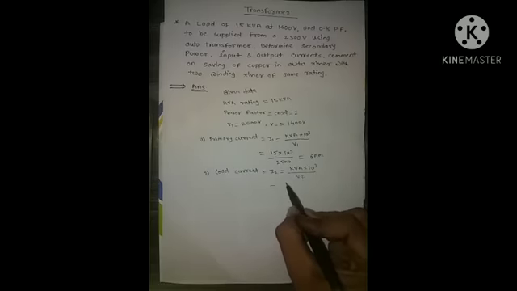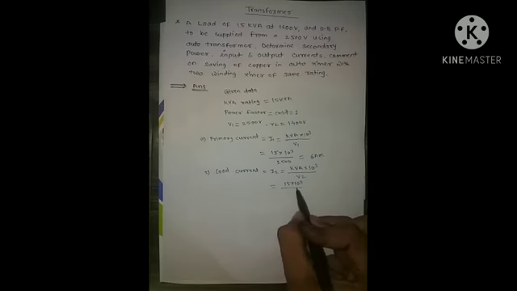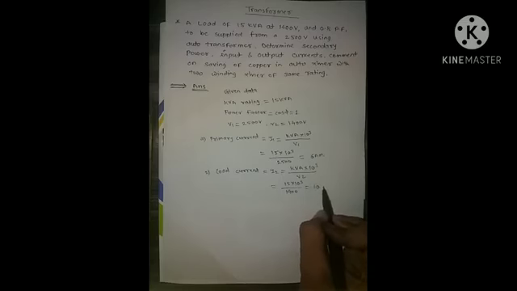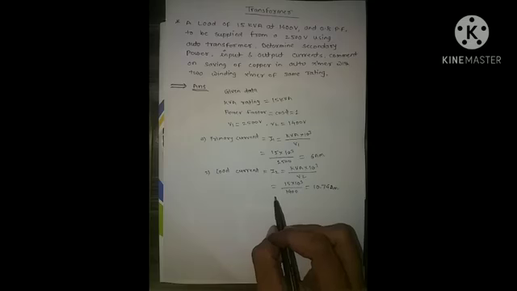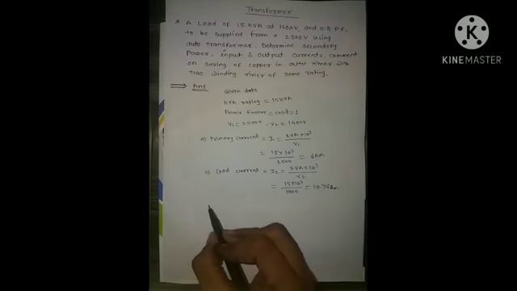By putting all the values we get 15 into 10 raised to 3 upon the given V2, 1400, and by solving this equation we get the load current I2 equals 10.7474 ampere. Okay, 10.74 ampere.